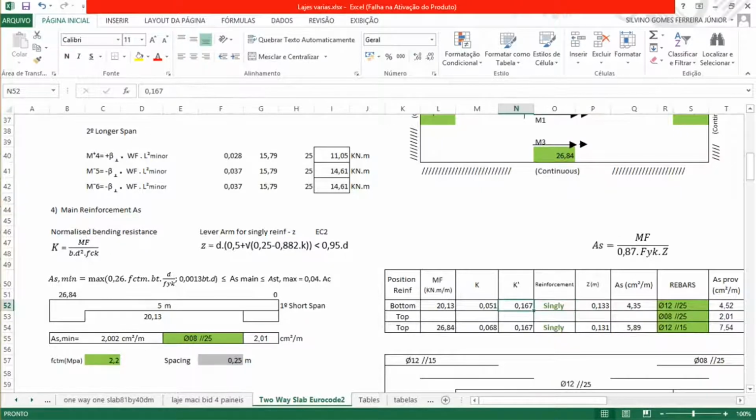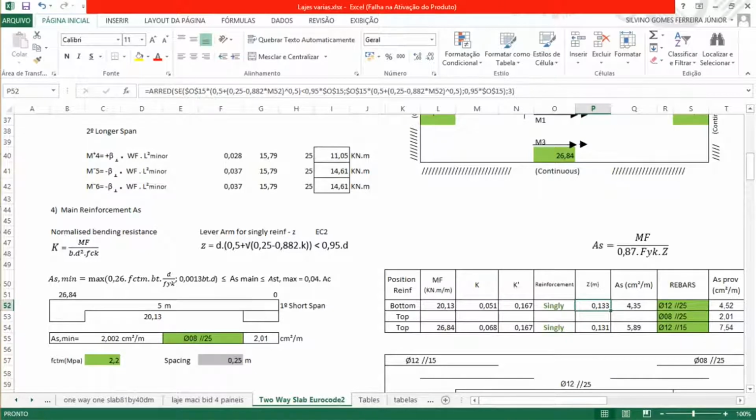And this K is minor than the K limit, that is 0.167, so singly reinforced. The lever arm: we have this K, we use this K in that expression, and we get the Z from this expression. It will give us 0.133.